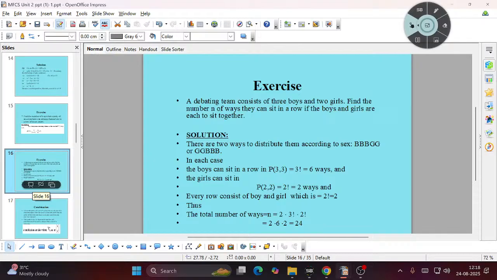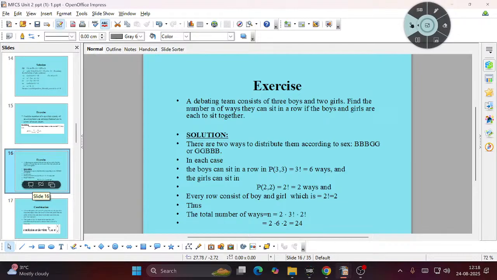Yes. Find the number of ways they can sit in a row if the boys and girls are together. Now do that problem.